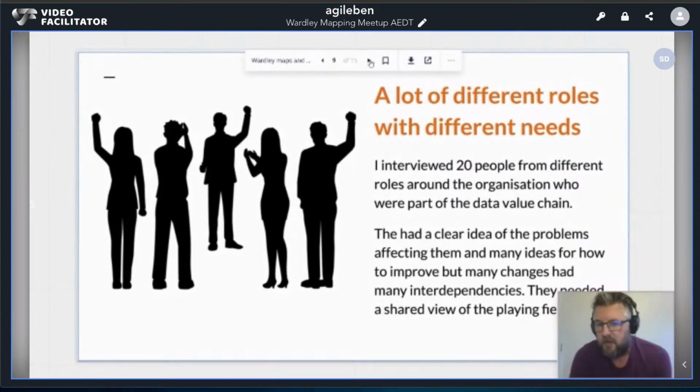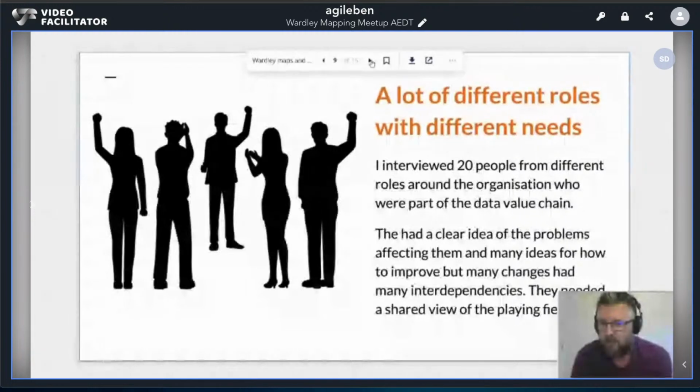And what I found was across this diverse group of people, they had a clear idea of the problems affecting their particular teams, and they also had many ideas for how to improve.